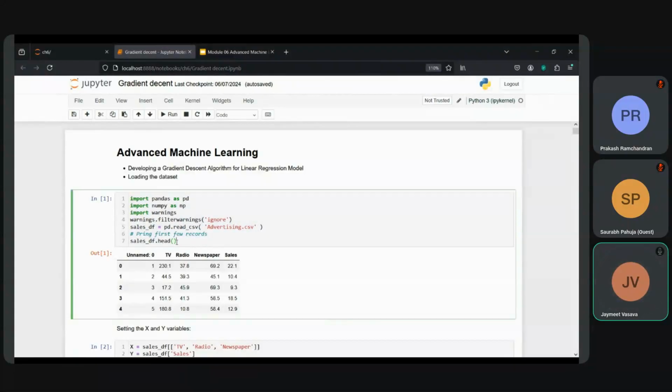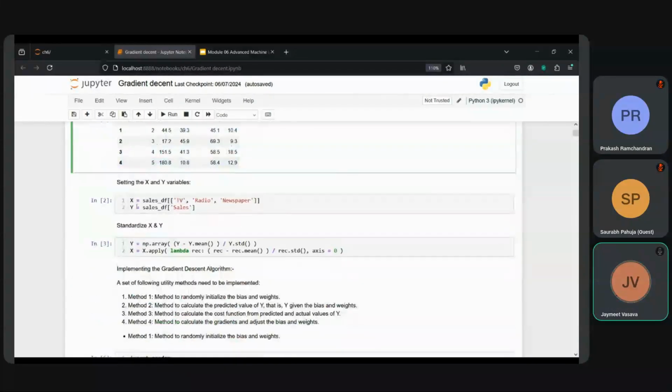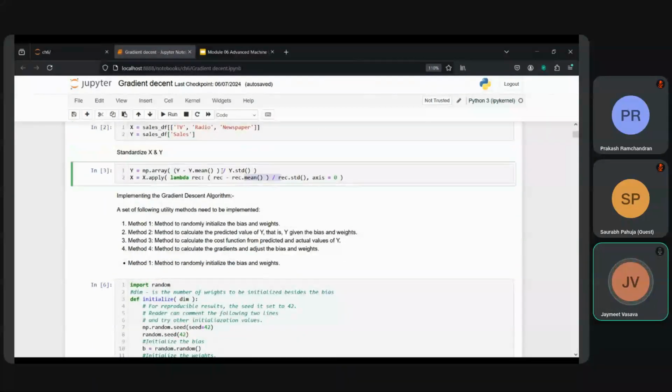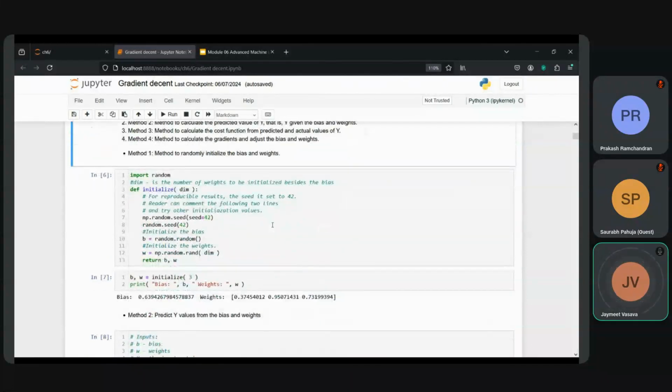So we read the data set, saved it as sales df. From sales df, we created the x and y inputs. We standardized those values, and we'll be using four methods, starting with the method of randomly initializing the values of weights and bias.